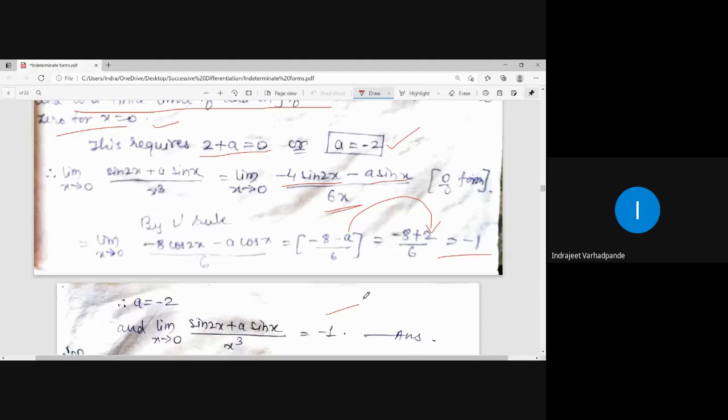Because unless it is the form 0 by 0, you cannot apply L'Hospital's rule. And if the denominator is 0 and the numerator is non-zero, that cannot be worked. So I should assume that the denominator tends to 0, hence the numerator should also tend to 0, and hence you can evaluate the values appropriately. That is how it is to be done.